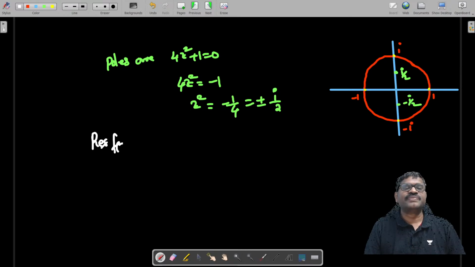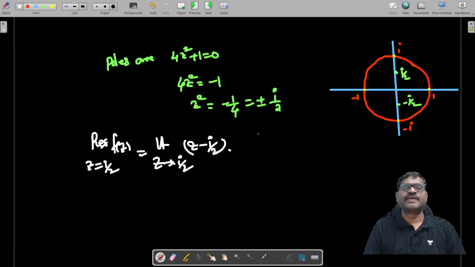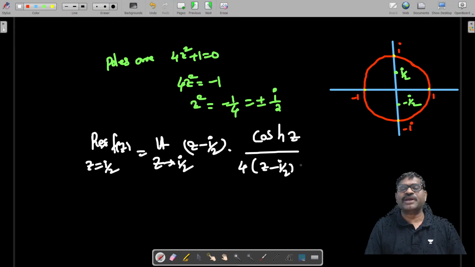Residue of f of z at z equal to I by 2 is the limit as z tends to I by 2 of z minus I by 2 multiplied with cos hz by 4 times z minus I by 2 into z plus I by 2. Most students forget to write this 4.